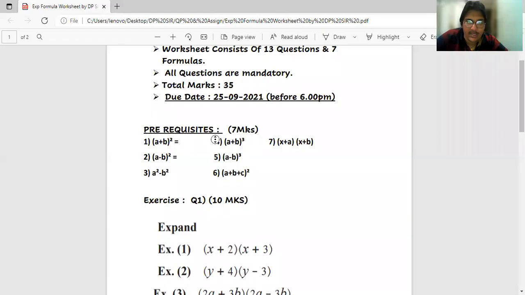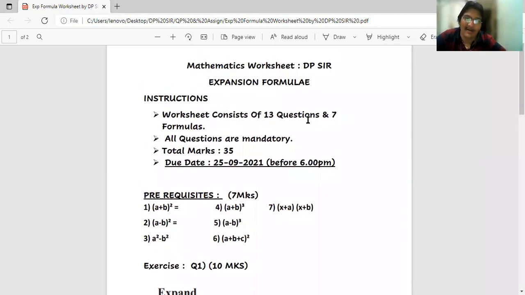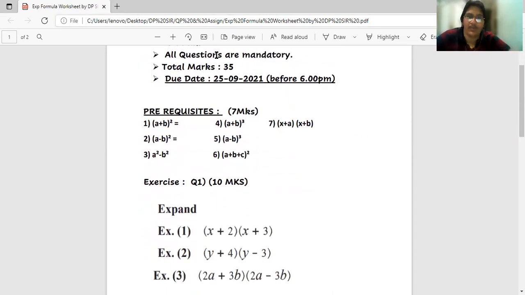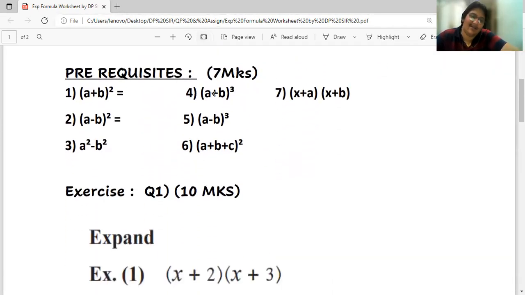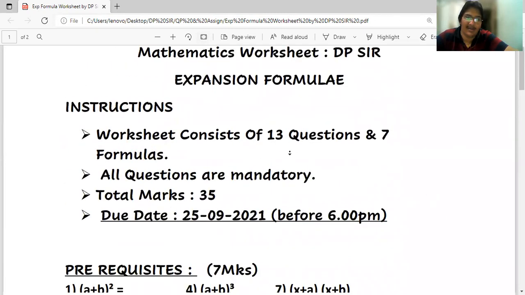So this is the worksheet. Actually, this was planned very early, that I would be completing this topic by so and so date. But unfortunately, this was a pre-planned thing which couldn't be executed due to many factors. So this worksheet is of 35 marks.